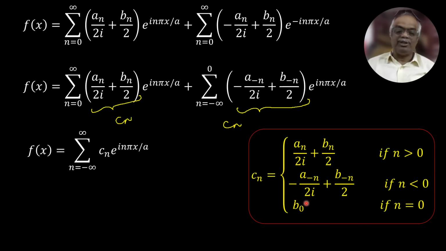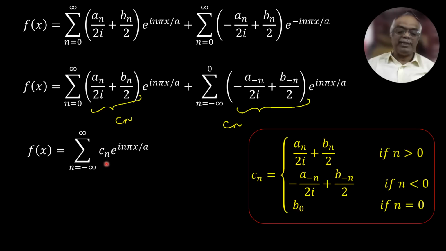So naturally this can be written in general. f(x) is equal to, clubbing the two summations into a single one, the summation from minus infinity to plus infinity of c_n e^(i n pi x over a).